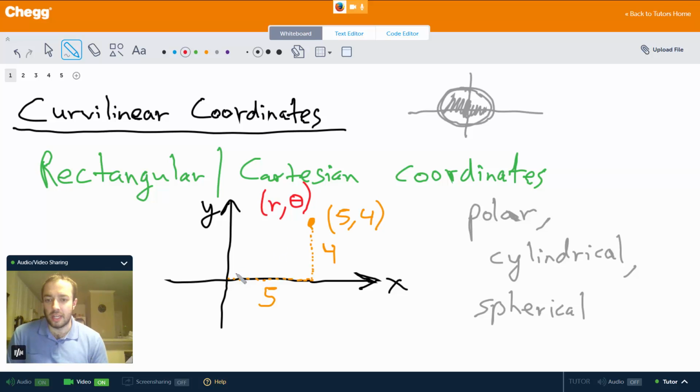And what are r and theta? Well, r is the distance between the origin and the point. So r is this distance here. And what about theta? Well, theta measures the angle between the positive x-axis and this little line segment right here. So that's what theta measures.